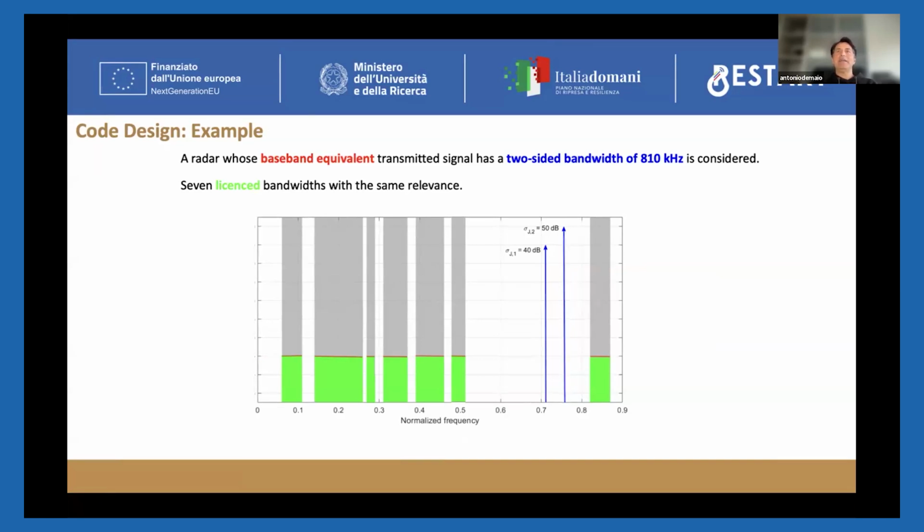There are 7 licensed bandwidths, displayed as the green boxes here in the figure, all with the same relevance. And there are also 2 jammers, blue arrows. An electronic support measurement system can allow to acquire information about hostile jammers. In other words, we are in the presence of both cooperative and non-cooperative radiators in the radar bandwidth.